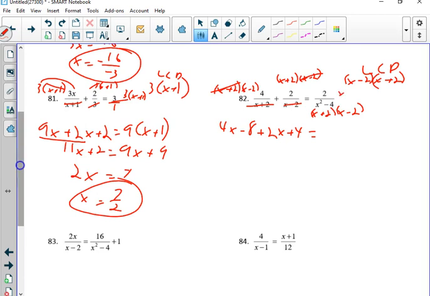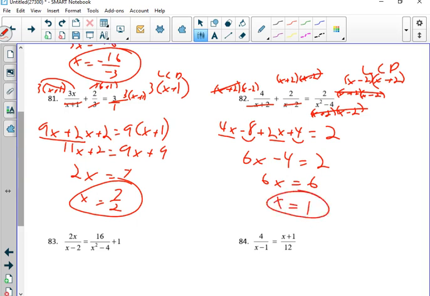And here, both cancel. So I'm just left with 2. So 4x plus 2x is 6x. Negative 8 plus 4 is negative 4. If I add 4 to both sides, I get 6. And when I divide by 6, I get 1.